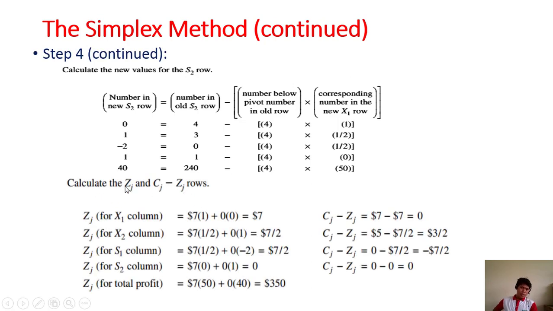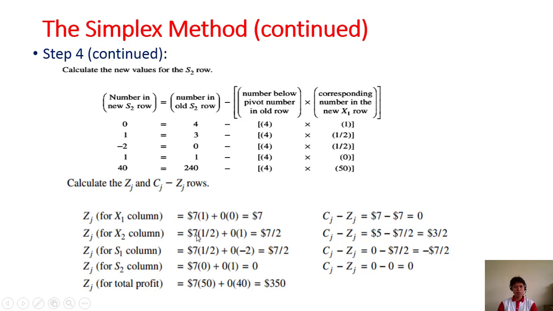Calculate the Zj and the Cj minus Zj rows. Okay, for Zj for X sub 1 column, it is 7 times 1 plus 0 times 0, which is equal to $7.